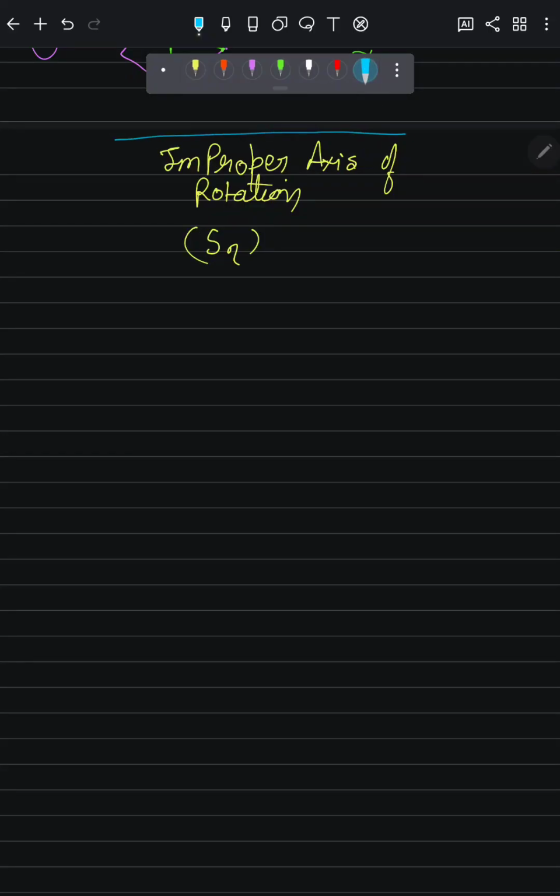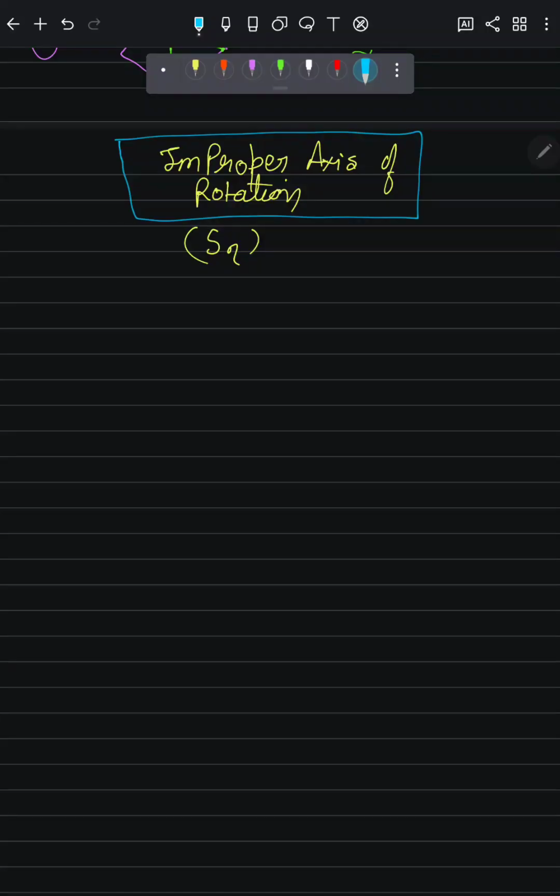Now let's discuss the next symmetry element, which is the improper axis of rotation, represented by Sn. It is a very important symmetry element compared to the previous ones.